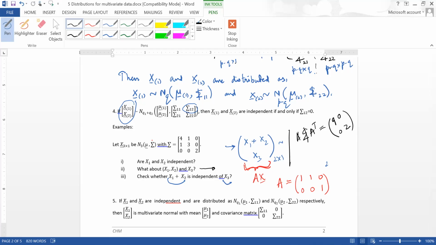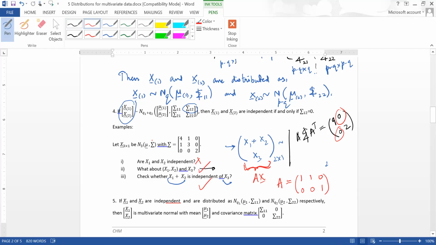So now we have to check whether x1 plus x2 is independent of x3. Some of you have answered that part also. Yes, the covariance between the two is 0. Sigma 1, 2 part equals 0. That means these two are independent, right?